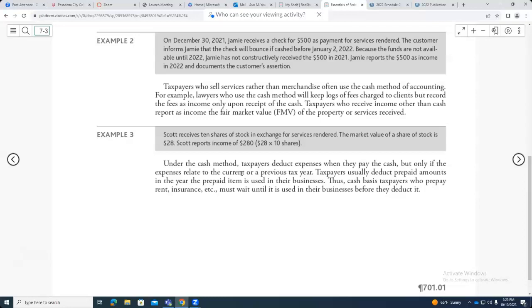The remaining is prepaid insurance for next year. You cannot buy 2 or 3 years of insurance policy today and say, oh, I have a lot of insurance expense this year because my income is high. I don't want to show too much income.